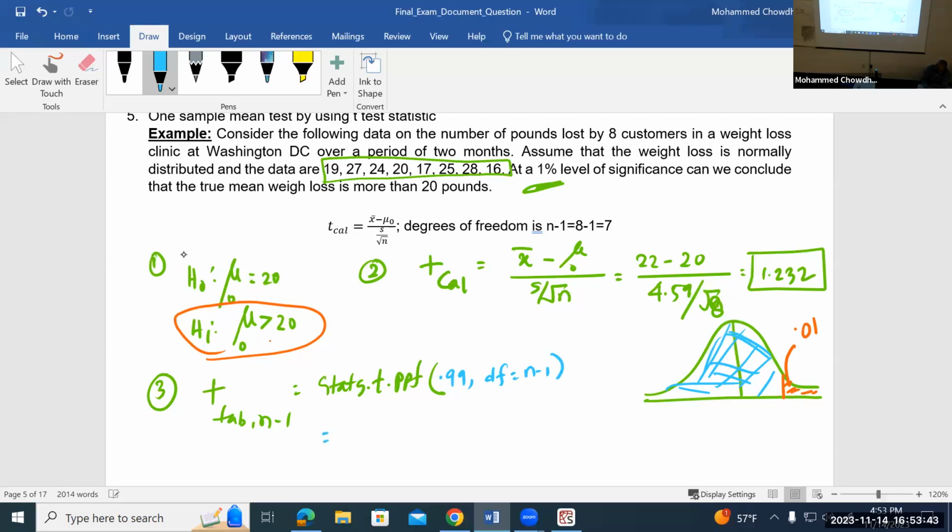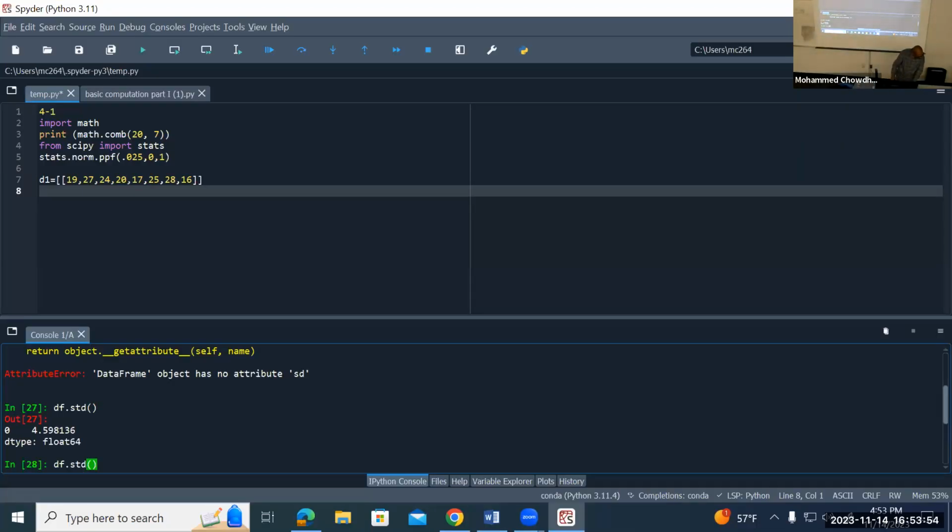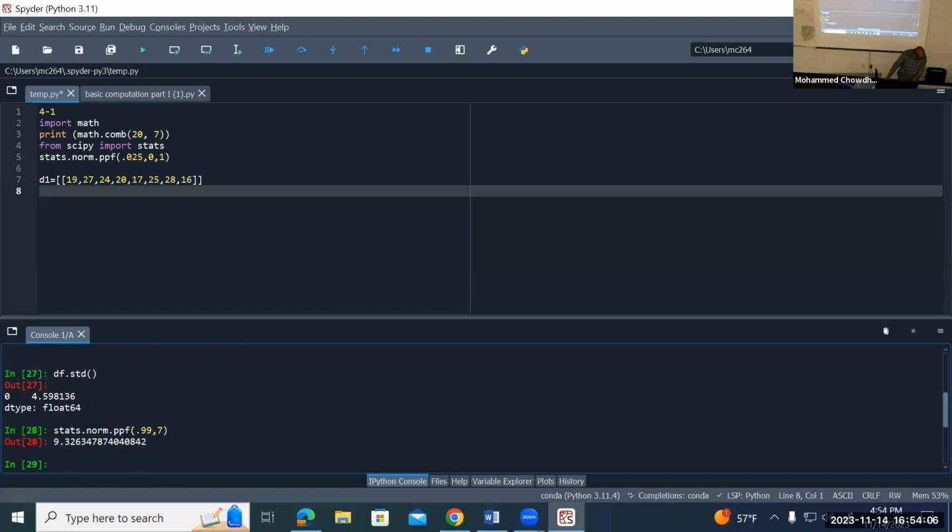So if I write stats, 0.99 and 7, then we get our result. I have to write 7, which is degrees of freedom, and here 0.99, then I get a value.